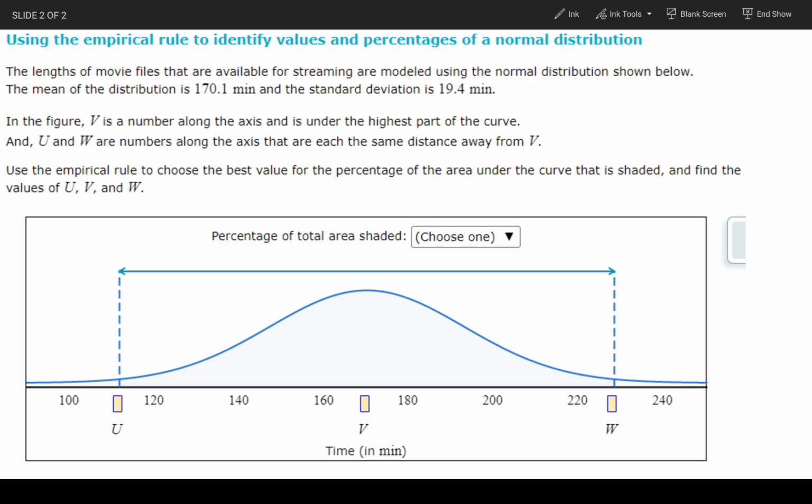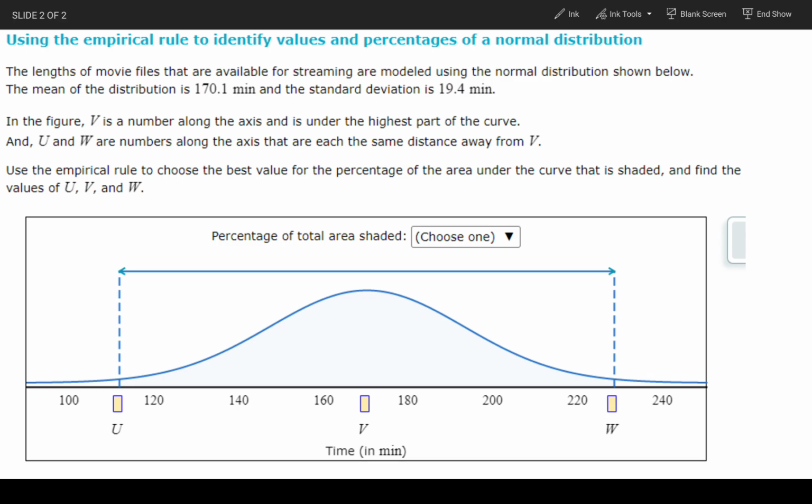So the lengths of movie files that are available for streaming are modeled using a normal distribution shown below. The mean of the distribution is 170.1 minutes, and the standard deviation is 19.4 minutes. So we need to fill out U, V, and W, and then choose with the empirical percentage what that happens to be.